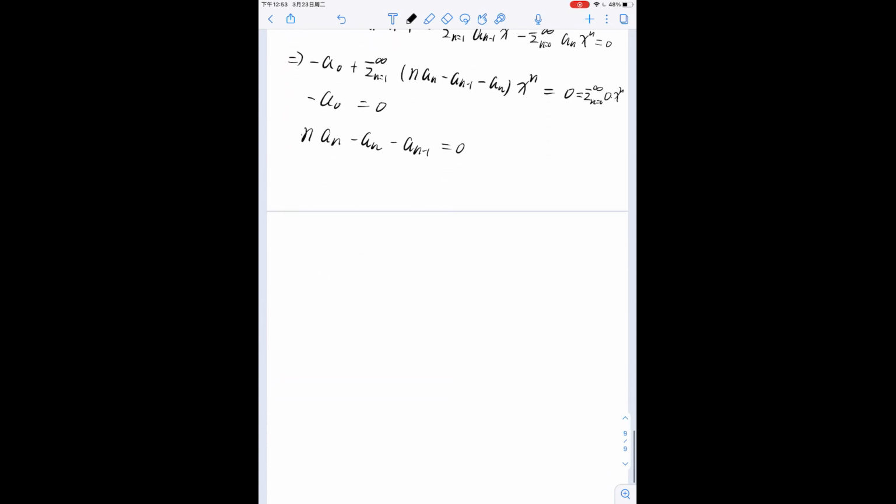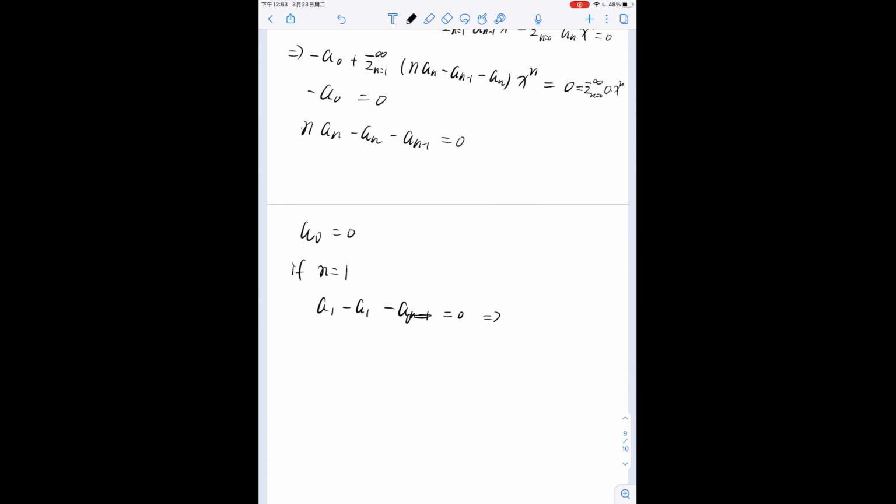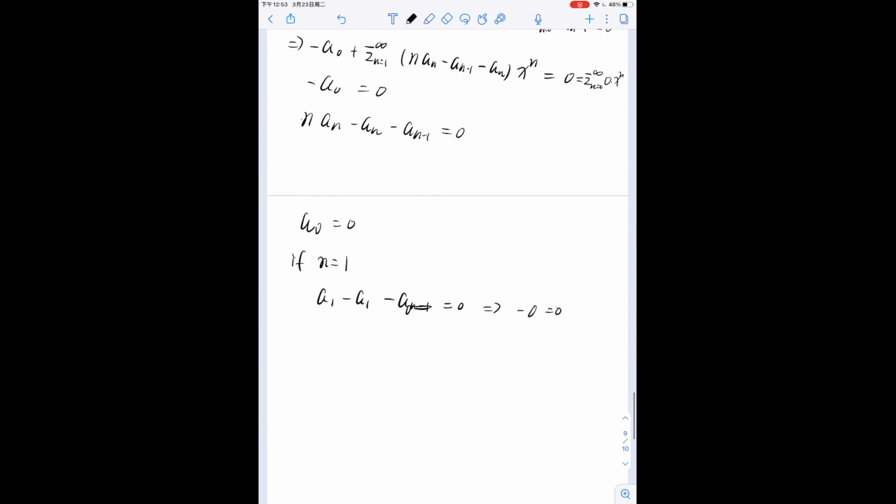Now, the last step is a little bit tricky. We know a naught equals 0, and if n equals 1, then a1 minus a1 minus a naught equals 0. It gives us nothing, because it tells us 0 equals 0. So the first equation gives us no information.